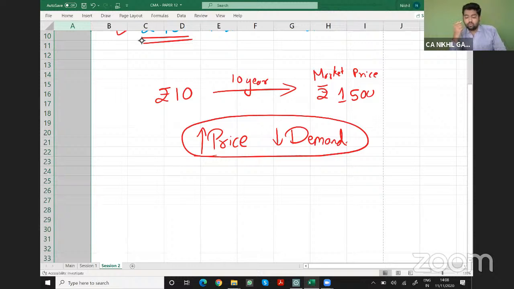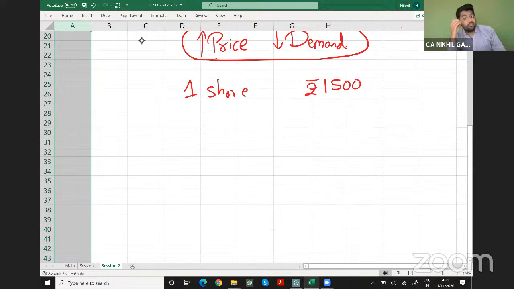So what I will do, instead of selling one share, the market value of which is 1500, I will give one share for free. So first, my value of one share is 1500. Now I'm giving them one share free. Very good, sir. So for this share, you will get one share free.